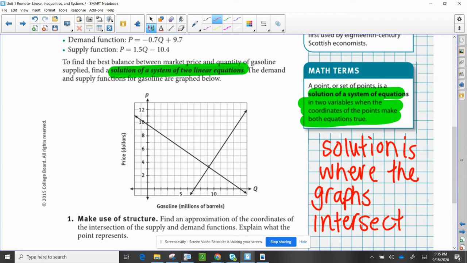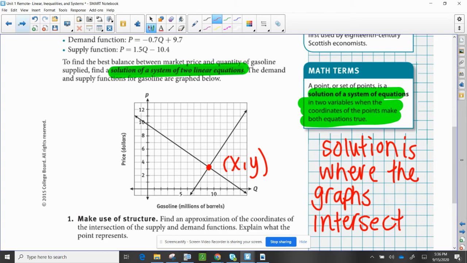In this particular picture, here's where the two graphs would intersect. At that ordered pair, that x comma y, that is our solution to our system. We always write our answers as ordered pairs for these, so you have to have an x answer and a y answer.